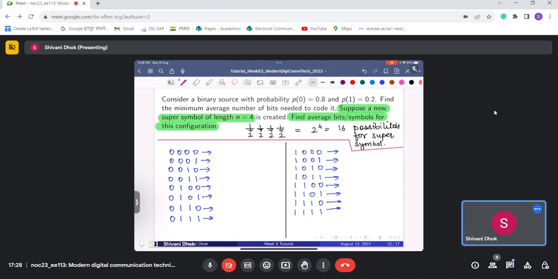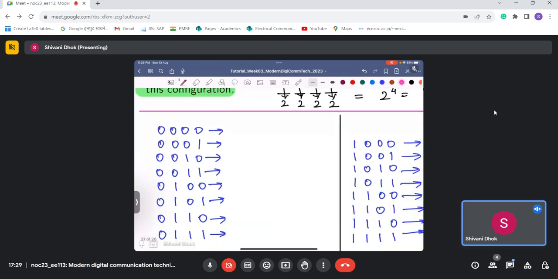So the probability for this symbol, the 0 appears 4 times, so this will be 0.8 to the power 4, which is simply 0.4096.